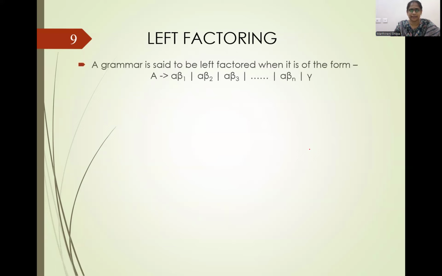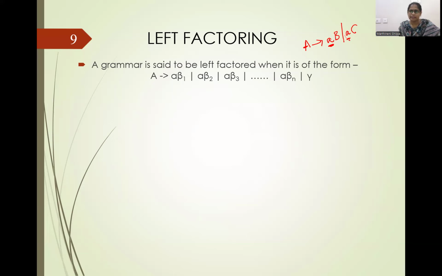What is meant by left factoring? Whenever a grammar, for example, let me take one example. A is a non-terminal which is deriving AB and AC. These two are the production rules. In this production rule, A is the starting terminal, and in this production rule, A is also the starting terminal.